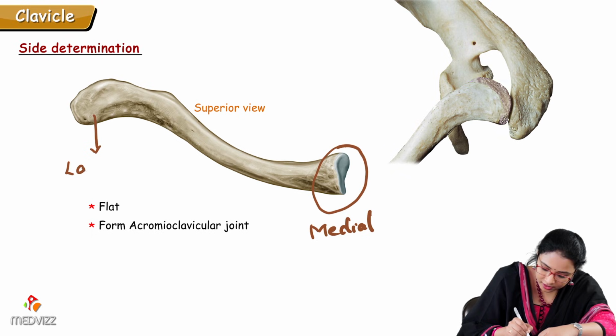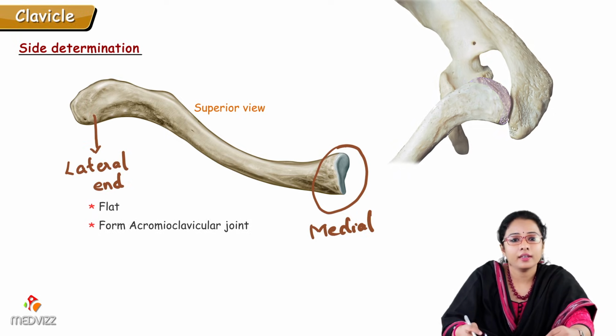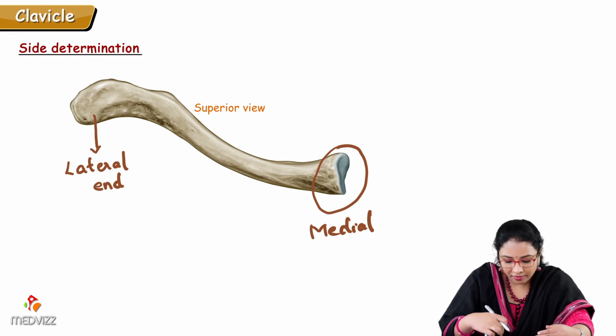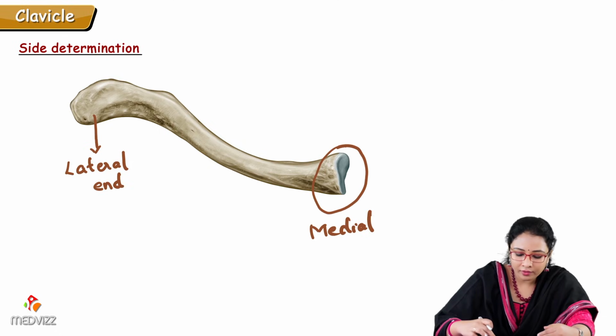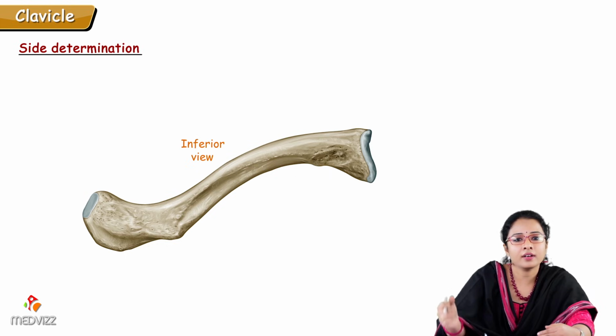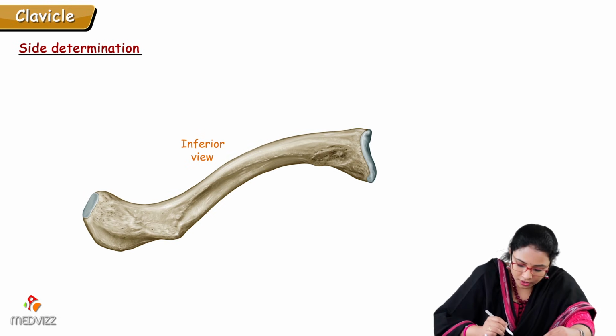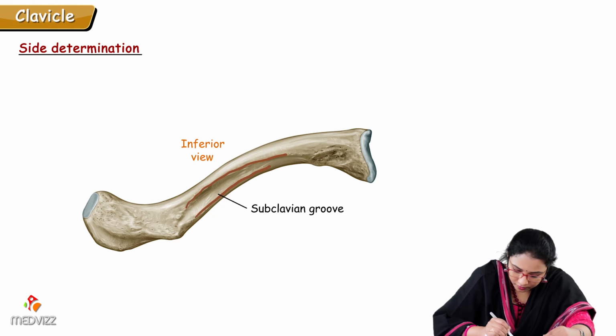So here is the lateral end. The superior surface of the clavicle is quite smooth, and the inferior surface is identified by rough impressions. One is the subclavian groove, which we see on the inferior surface in the middle of the shaft. So here is the subclavian groove, which is present inferiorly.